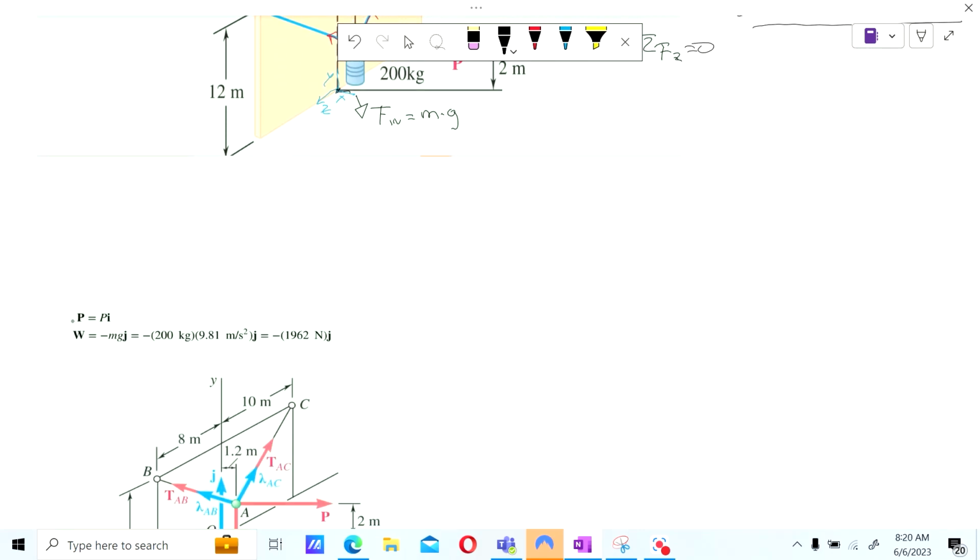So the force P is only in X, so we have a PX. The force because of the weight is negative the mass, which is 200 kilograms, times 9.81 meters per second squared.